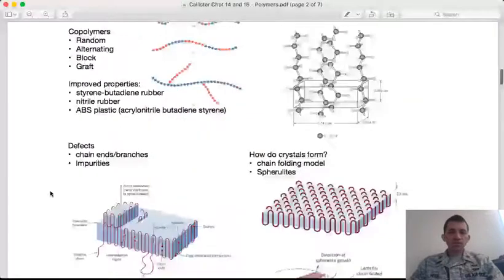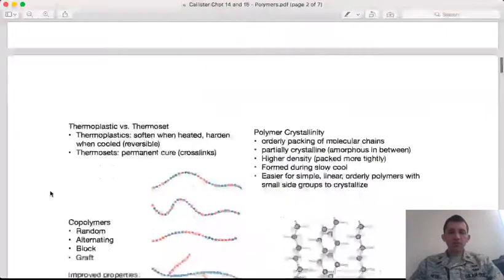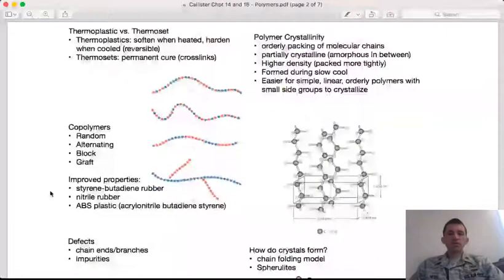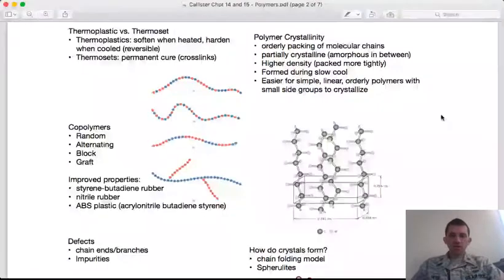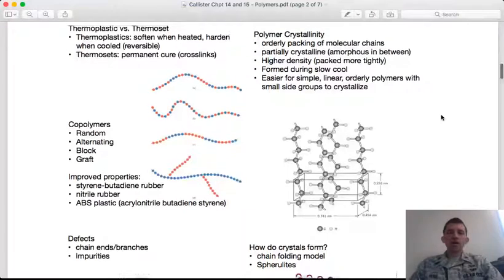Okay. And so I think the last big topic is crystallinity. It might seem counterintuitive if you have this mental model of tangled polymer chains, this random plate of spaghetti, that you would have a crystal, but you can, and you get that by orderly packing those molecular chains together.